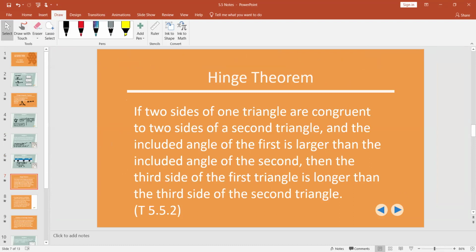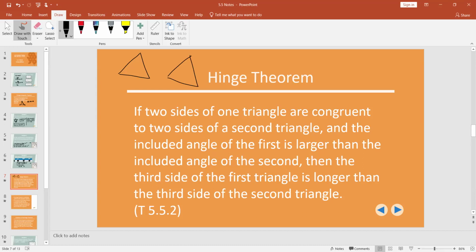So let me show you what I'm talking about. Here it is. Okay, so we have two triangles here.